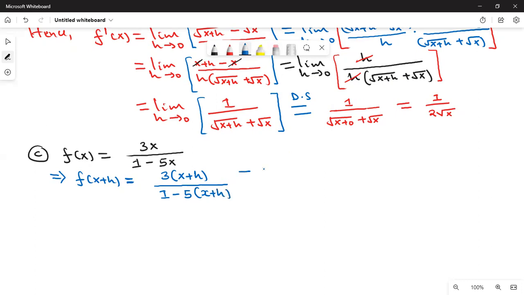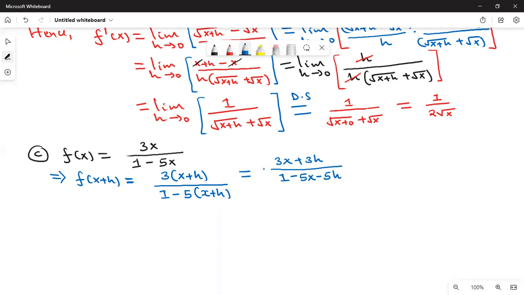I can open the bracket in the numerator. This is the same as 3x plus 3h, over denominator will have 1 minus 5x minus 5h. That's what we have.